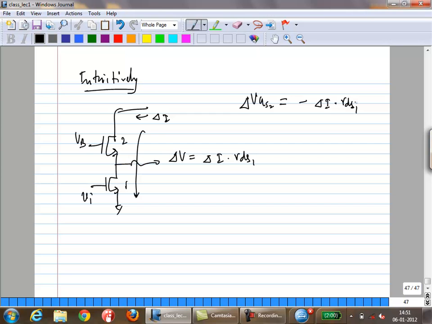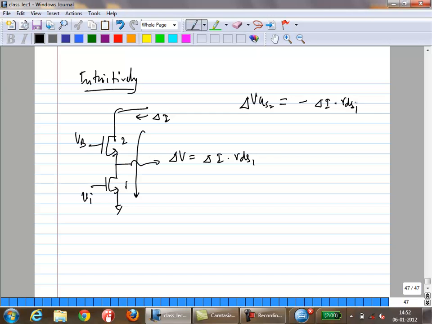What happens to the gate-source voltage of M2? This voltage tends to increase, so that's basically reducing the headroom, reducing the overdrive, the VGS for M2, right? In other words, if that reduces, that tends to oppose the change caused by delta I. Is that clear to everyone?